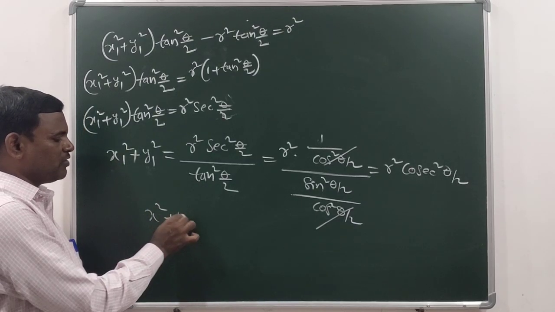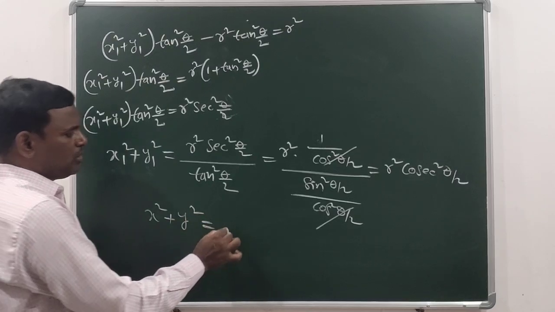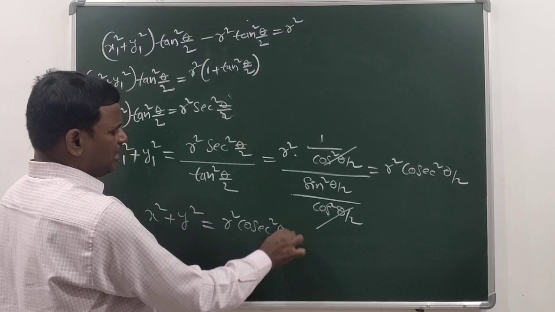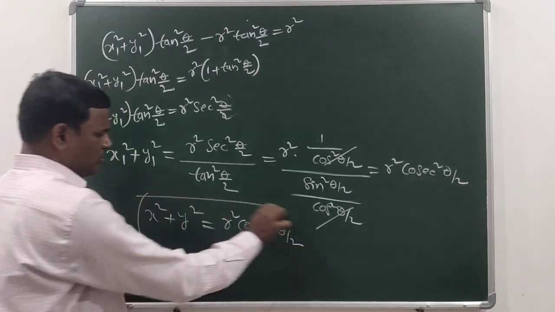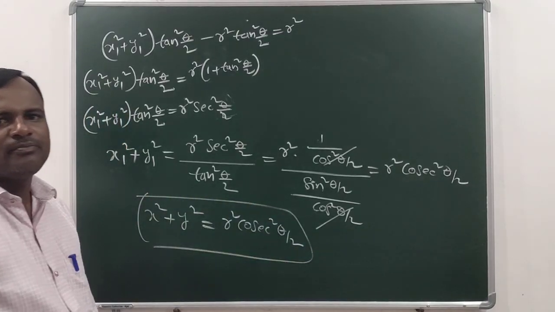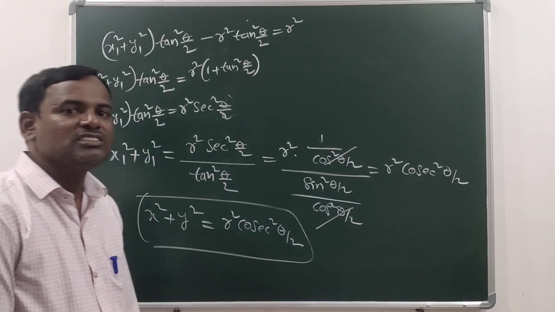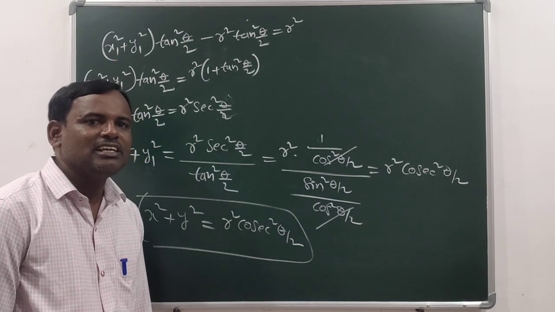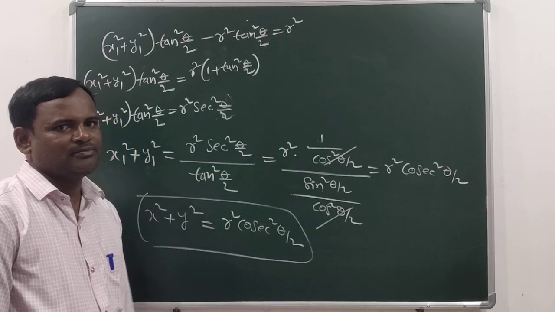So now x square plus y square is equal to r square into cosec square theta by 2. So this is our required equation of locus of a point where the angle between the tangents is theta.